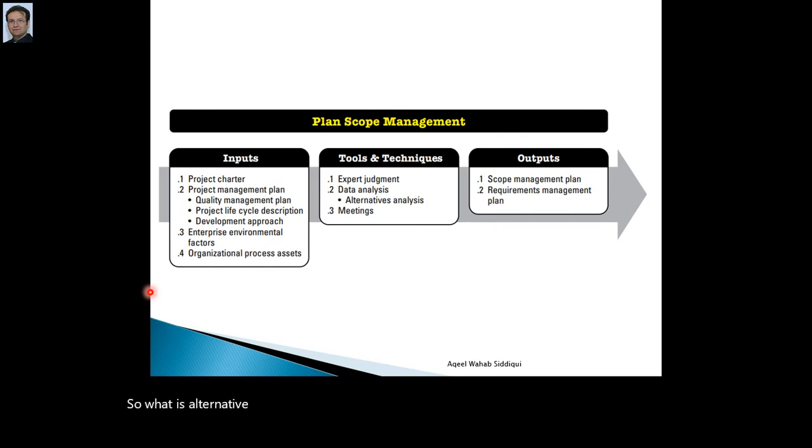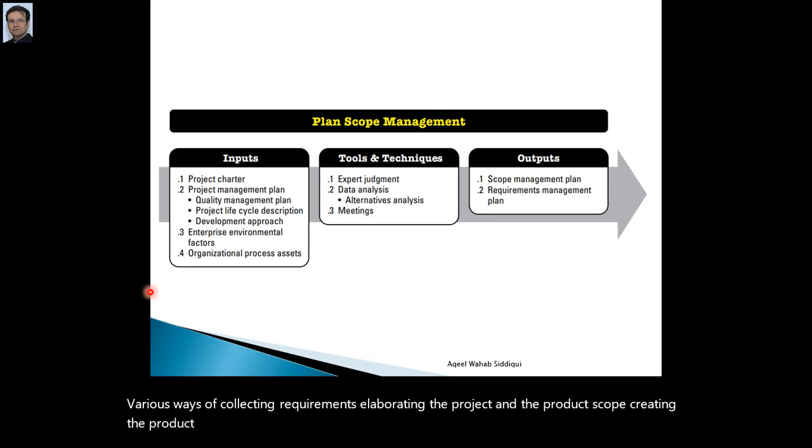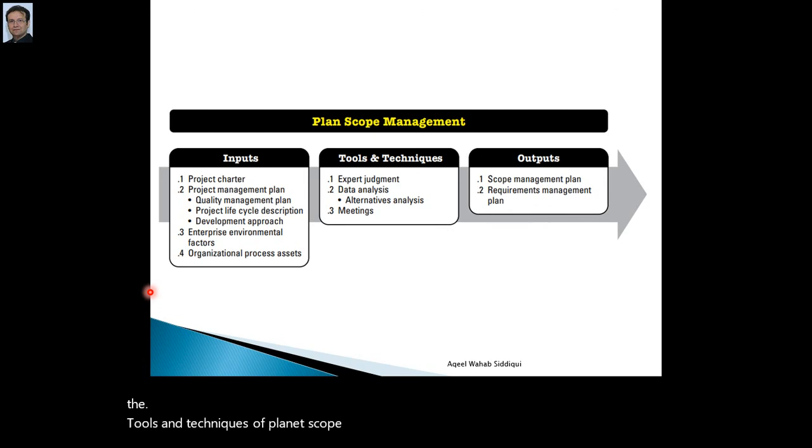Various ways of collecting requirements, elaborating the project and the product scope, creating the product, validating the scope, and controlling the scope are evaluated. So these are the tools and techniques of plan scope management. And in outputs, we produce two documents: the scope management plan and the requirements management plan.